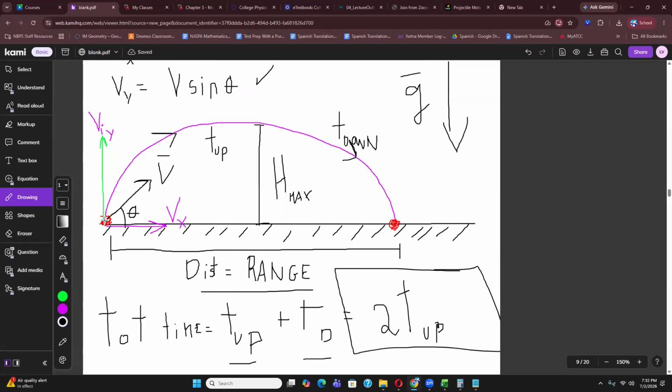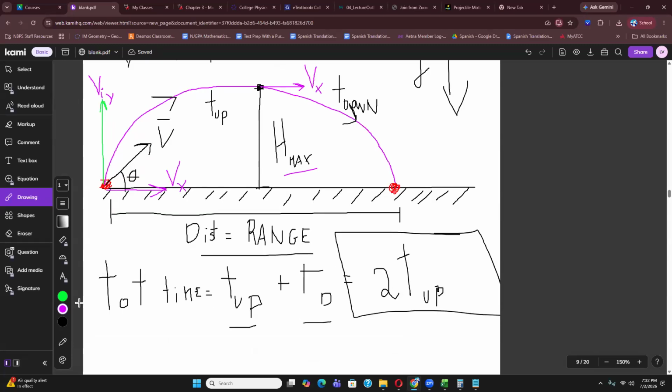The projectile is going to reach a maximum height. Here, the mass is still moving to the right, so Vx doesn't change. What about the vertical velocity? What's the vertical velocity here, at the maximum height? It's 0.